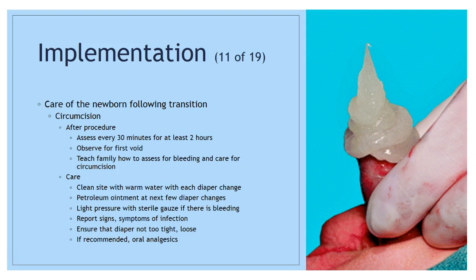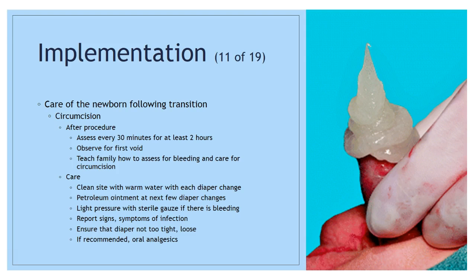We don't want a scab to form there and we put a diaper on and that scab sticks to the lining of the diaper, and then when you do the next diaper change, you've pulled the scab off and now it has delayed healing even longer. So using petroleum jelly or some type of petroleum gauze can prevent that sticking that can occur.